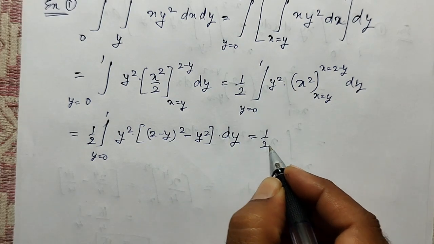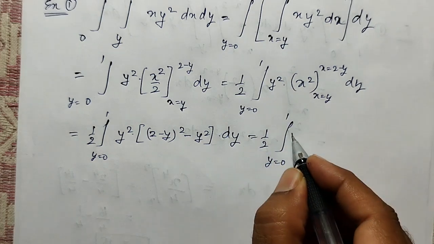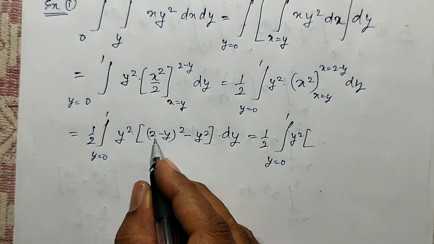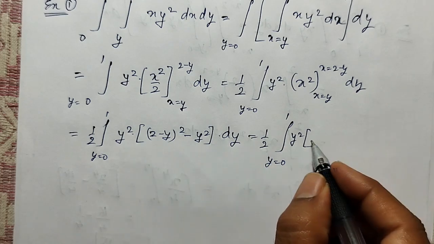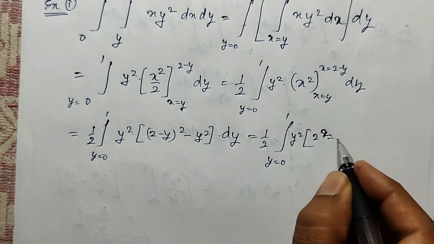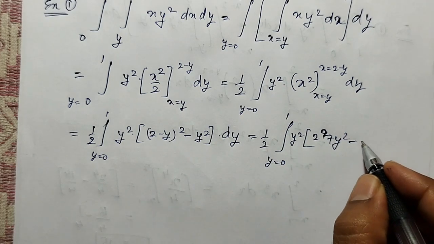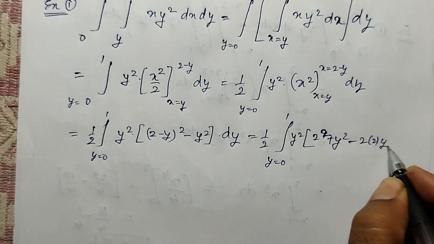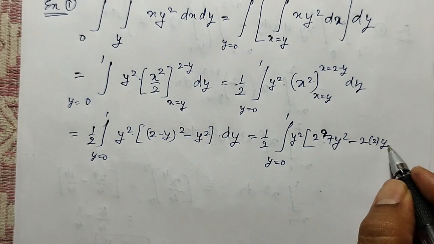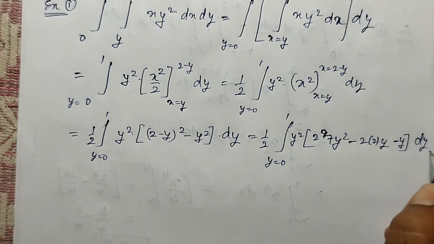That is 1 by 2 integration from y equal to 0 to 1 as it is, y square outside, expand this using (a minus b) the whole square: 2 square plus y square minus 2 into 2 into y, that is a square plus b square minus 2ab, minus y square, into dy.